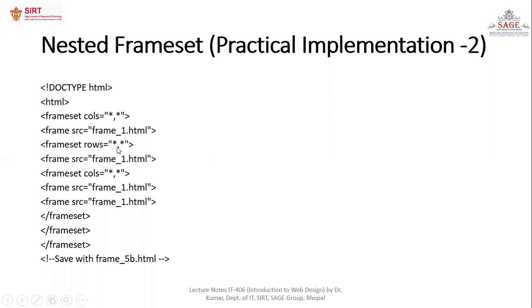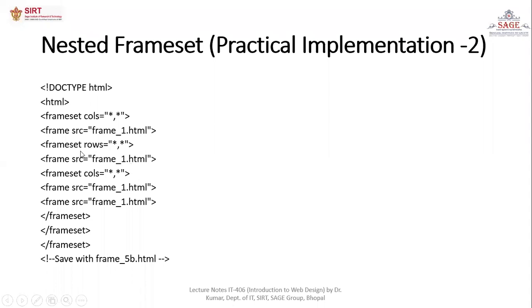Frameset rows is equal to star comma star, meaning two rows. So the second column is divided into two rows. Now see, frame src frame_one.html. Inside the first row I put the content of this HTML file.